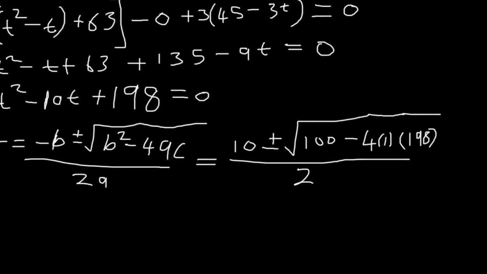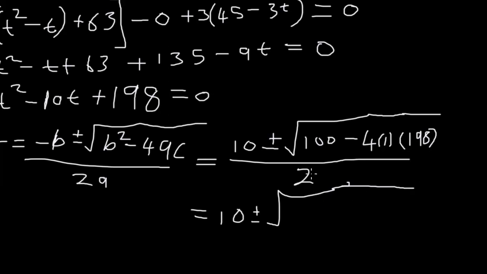So from there, you can write to say this is going to give us 10 plus or minus the square root of, so 198 times 4, your answer will be 792.